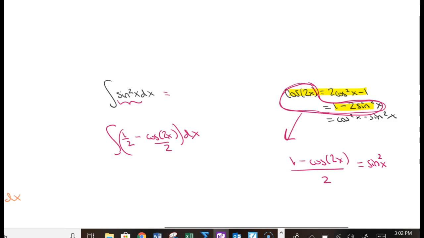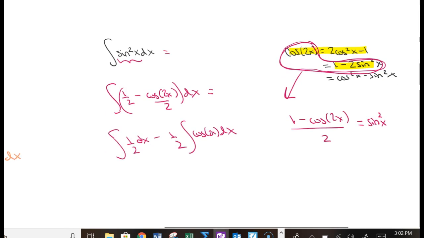Maybe you want to write this as 2 separate indefinite integrals: the indefinite integral of 1/2 dx minus 1/2 the indefinite integral of cosine of 2x dx. And then at this point, right here is a simple u sub. Let u equal 2x, etc.